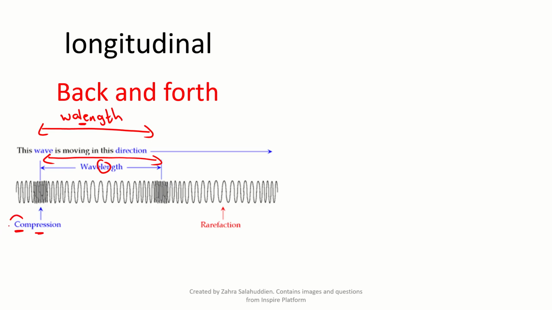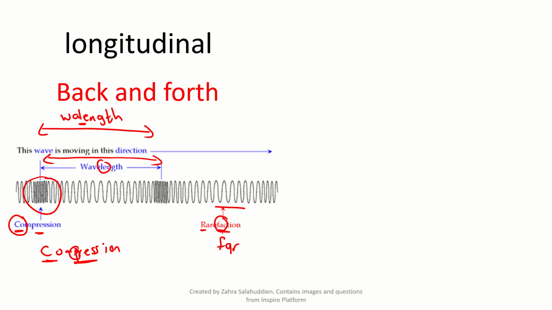How can I remember this word? It's close. Compression is close. In compression, you will see the word press because it's pushing. It's close and it's pushing, pressing together. Compression, it's pressed close together. Over here, I can see that it is far. Far is rarefaction.